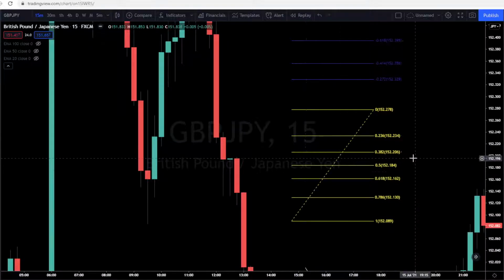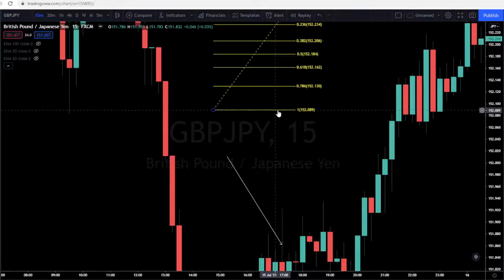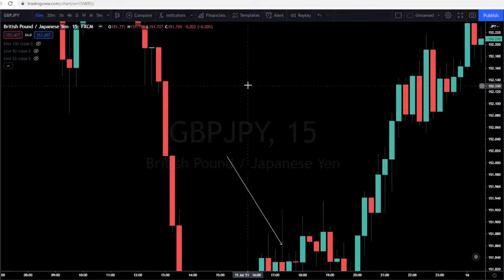Closing partials in profit, this is the other thing. Like I said, I like to close 80% at a 1-to-1 risk reward ratio. I like to close 80% of the trade when we hit that 236 on the fib. Obviously, you don't have to do the same thing, but you have to remember you have to close more in profit than you do in drawdown, right?